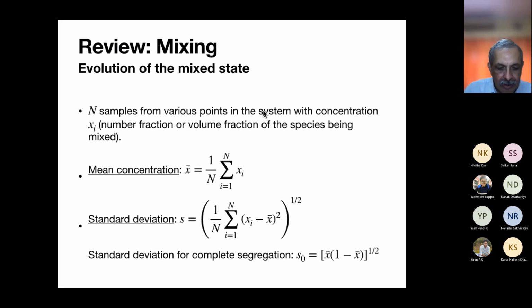So the first thing we looked at, not in the previous, but the previous to previous class, was that if we take a black box approach, then given any mixture, we can find out what is the current mix state by just taking n samples from different points in the system and then measuring the concentration.